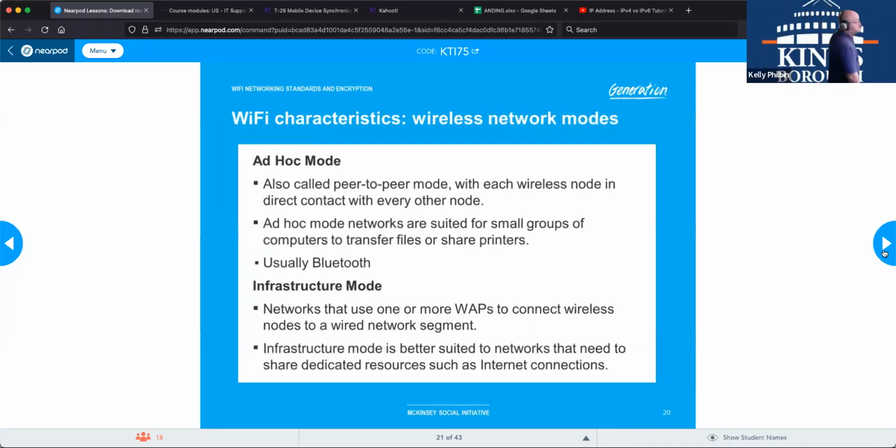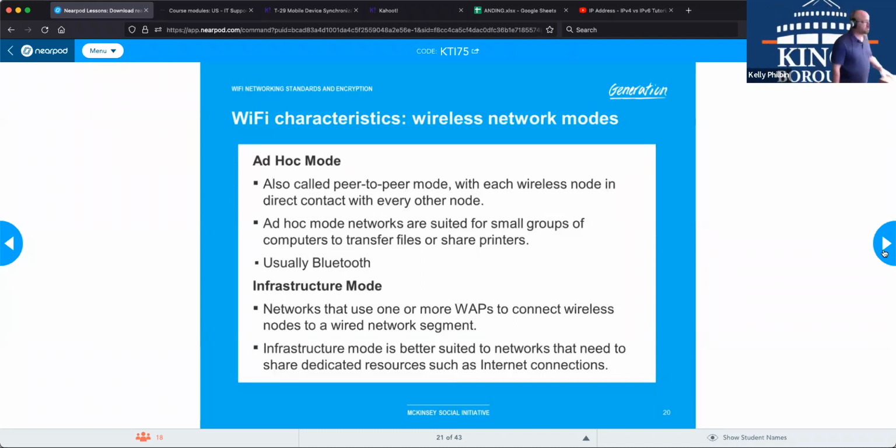All right. Moving on beyond the 802.11, we will get into other characteristics of wireless network models. One is called ad hoc mode, which is also called peer-to-peer wireless networking. That would be my computer communicating with another computer without the need of a wireless node like a router or a hotspot. It allows direct communication between me and another computer through wireless standards.